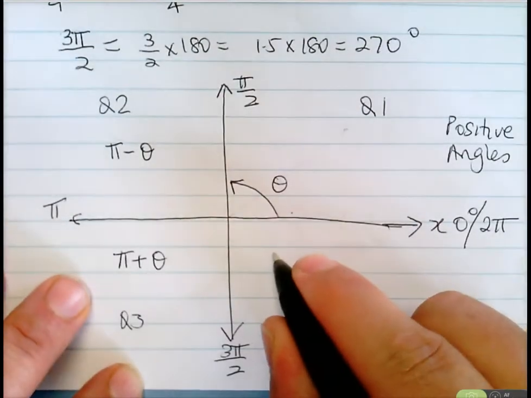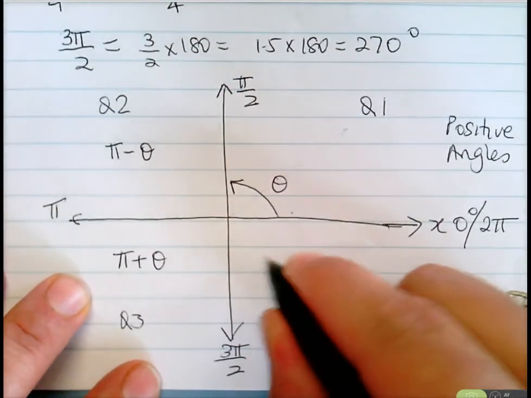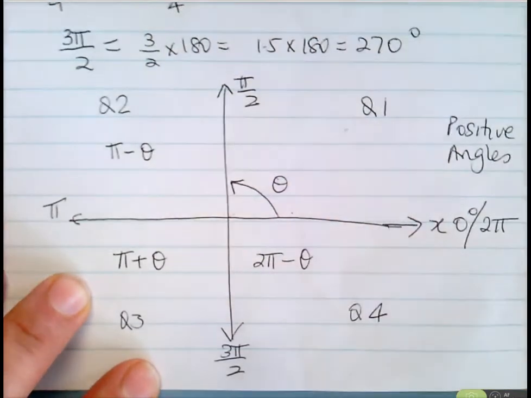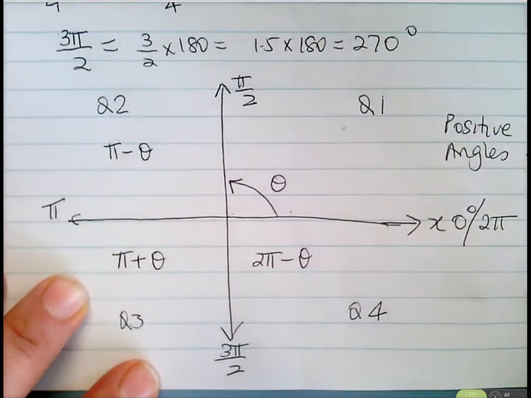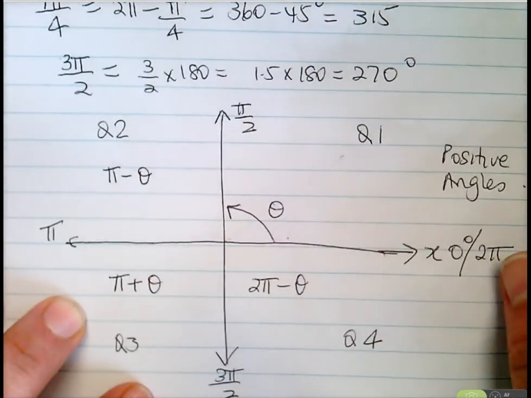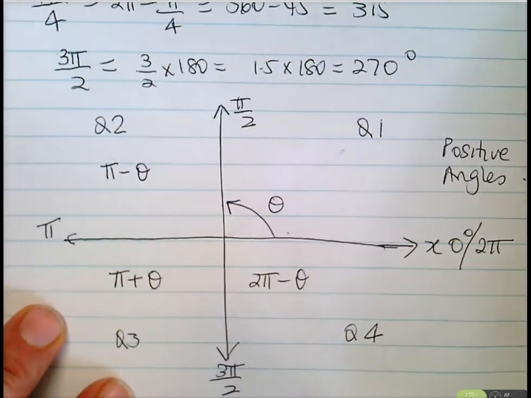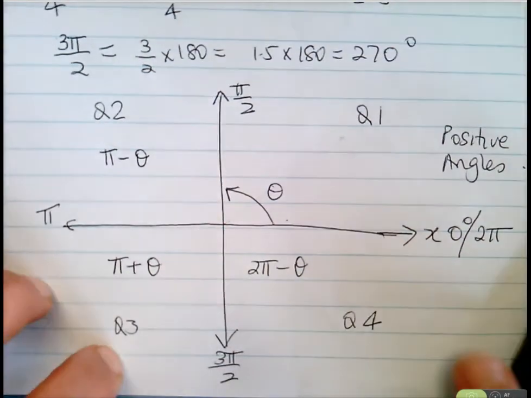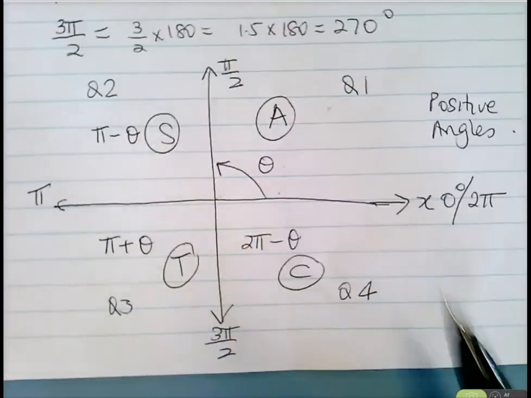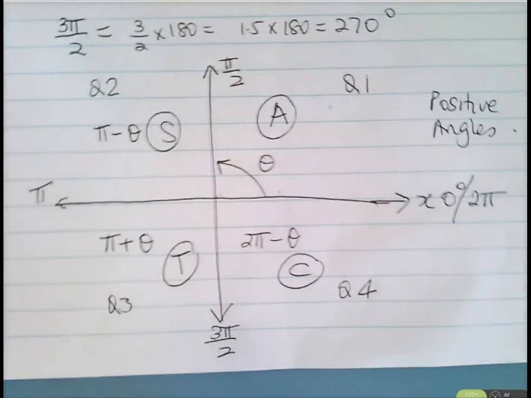And instead of 360 minus theta, it's 2 pi minus theta. Do you remember those? Where theta is your acute angle. So we've got quadrant 1, 2, 3, 4. Girls, I'm just getting it straight from the book. I'm just putting our all stations to central in, girls.